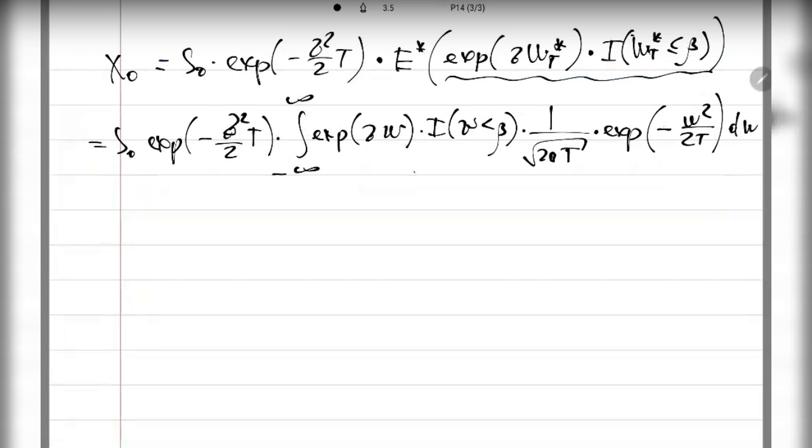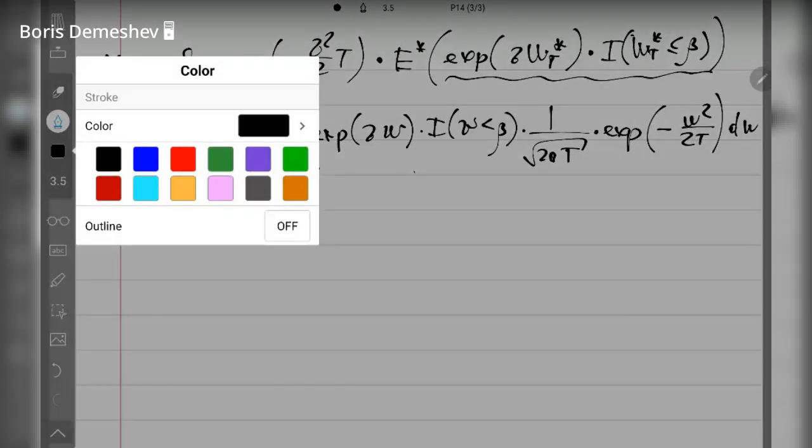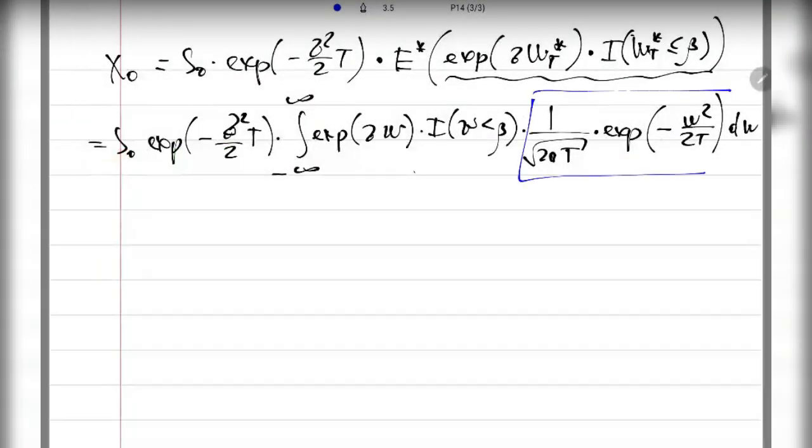So that's an honest integral to calculate this expected value. This is the PDF of normal 0, T.